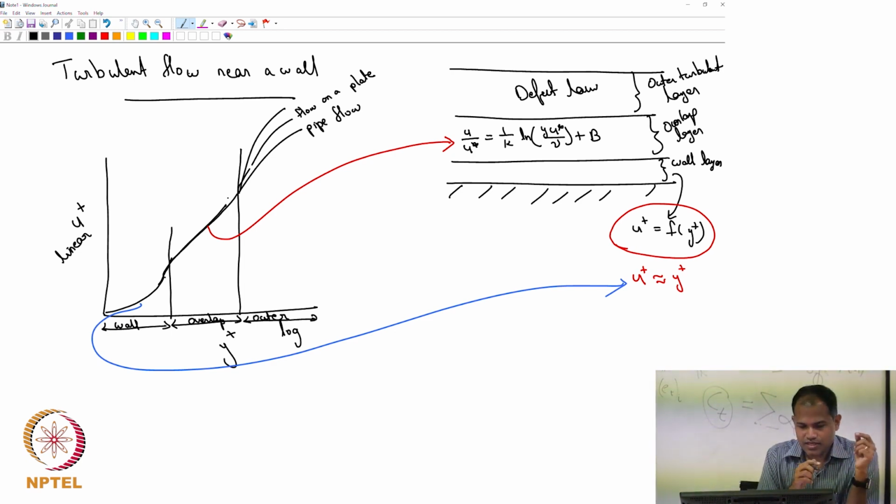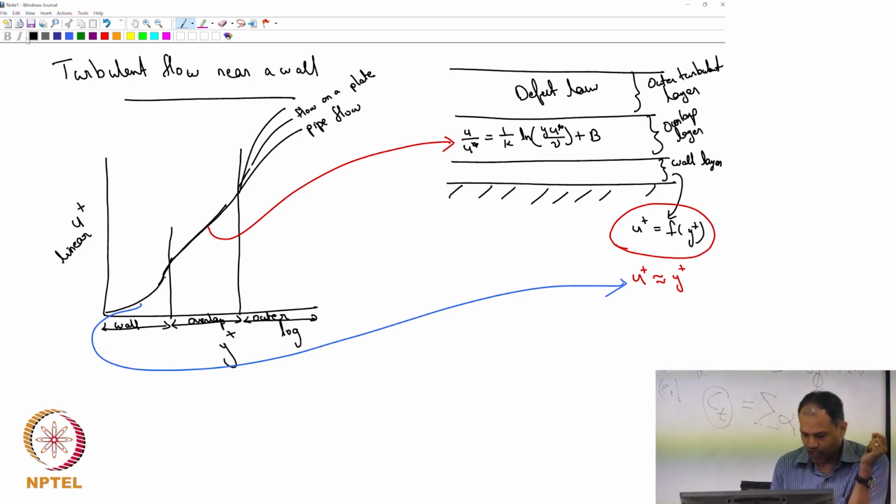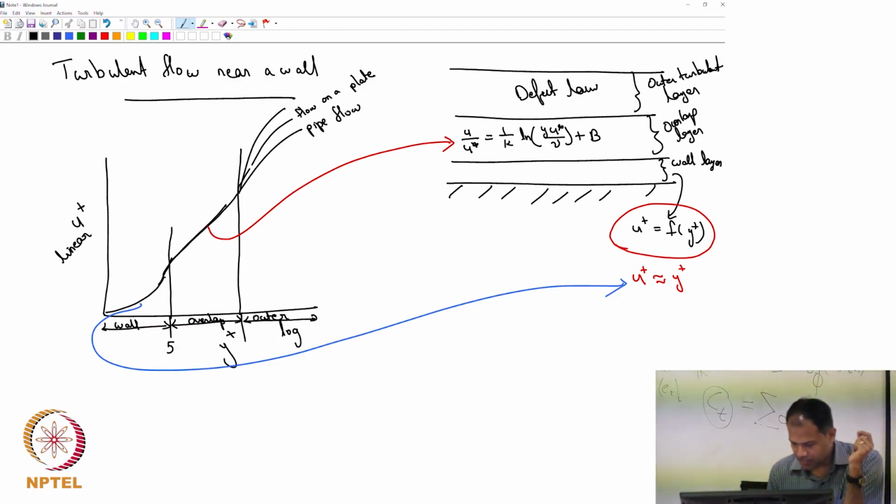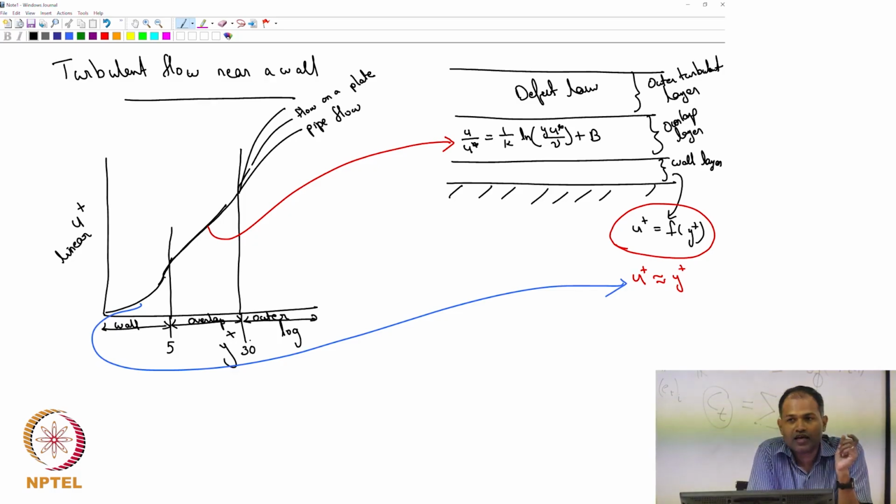The wall layer in this coordinate extends approximately up to y plus of 5, and the overlap layer approximately up to 30. These are all experimental measurements; there is no way to really calculate them. Up to y plus of 5, u plus equals y plus is a good approximation.